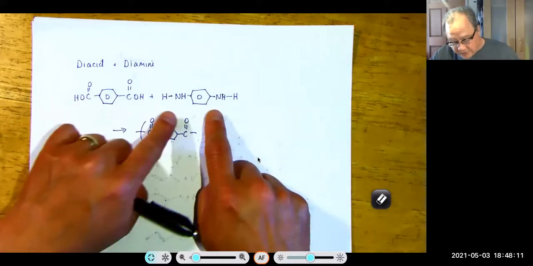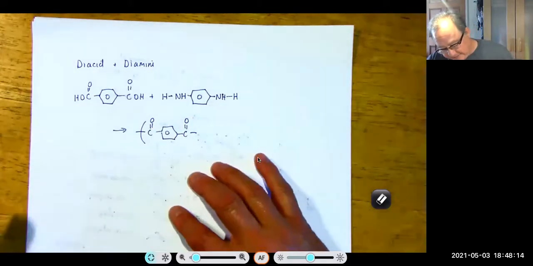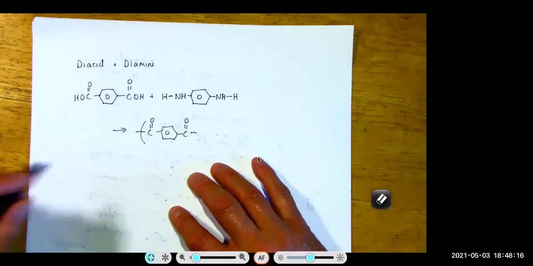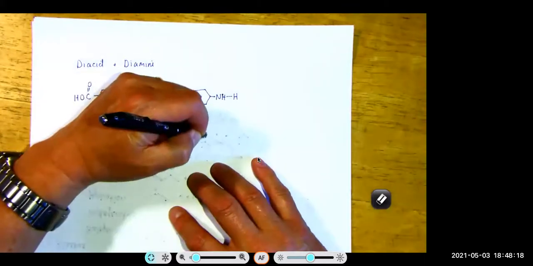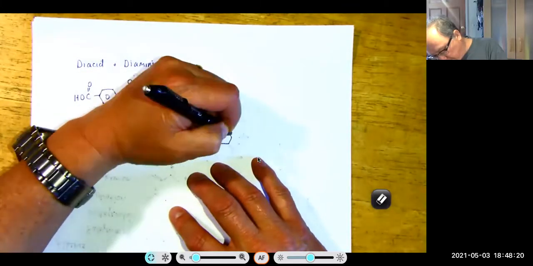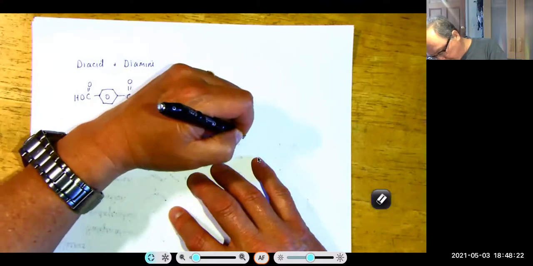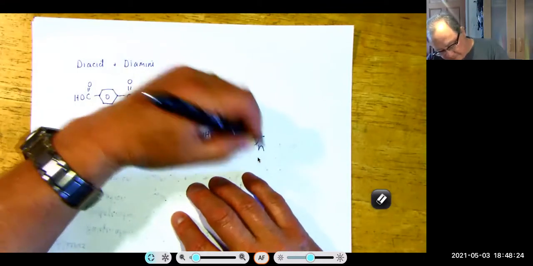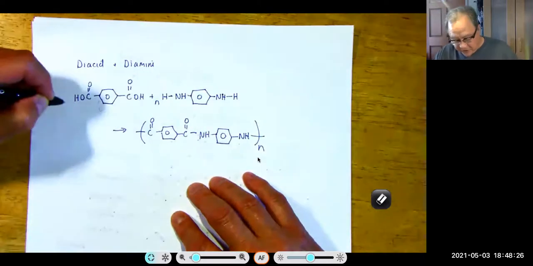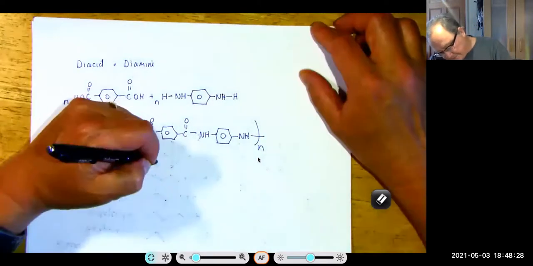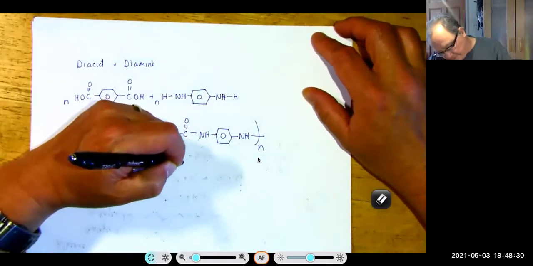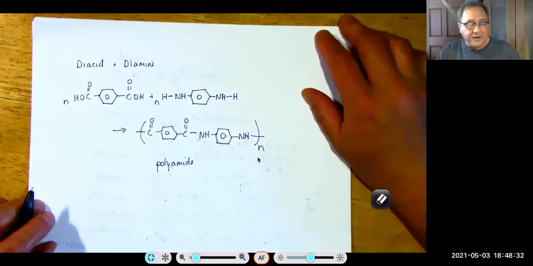What are we going to do with our diamine? We took the H's off. Right. And here's your polyamide. Polyamides are very common also.